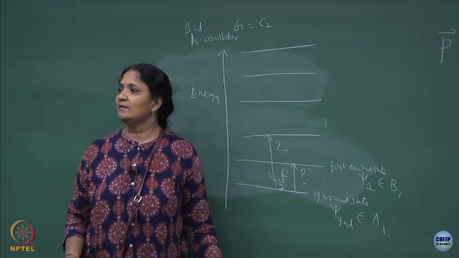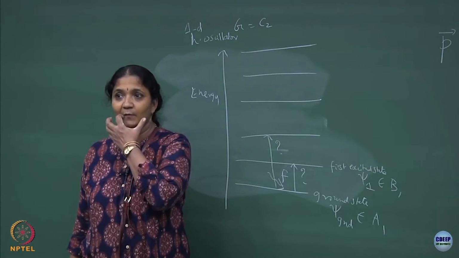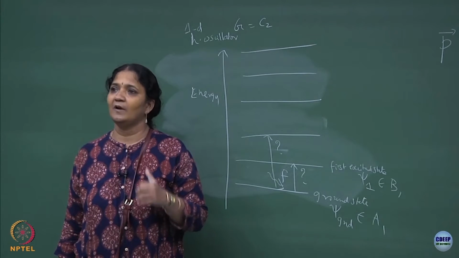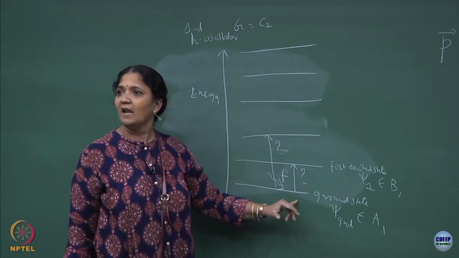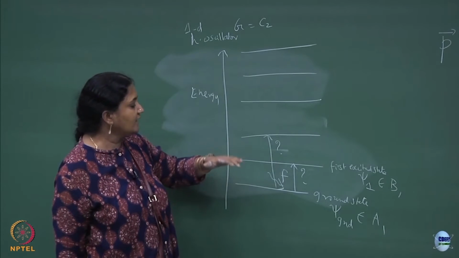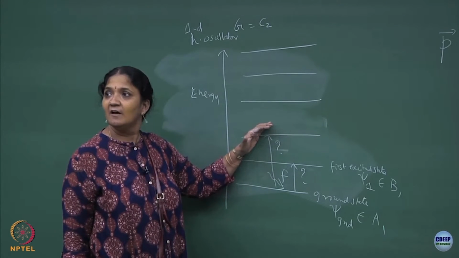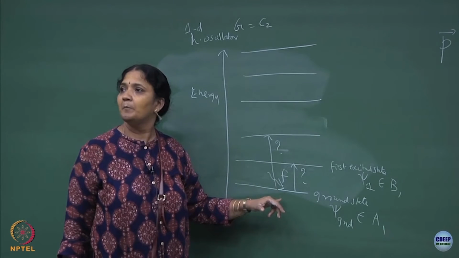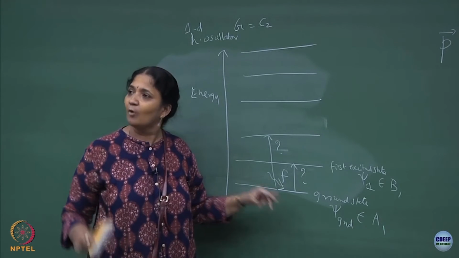Something is possible, something is not possible, is the question we are asking. You understand the question? Is there a transition allowed going from an initial state to a final state due to interaction by some operator associated with it?